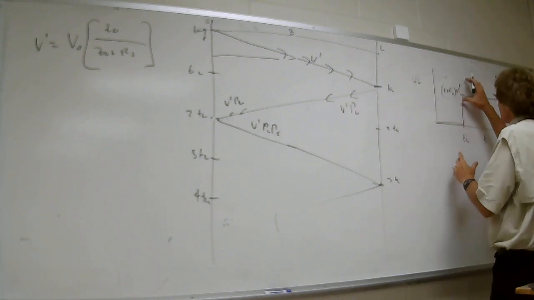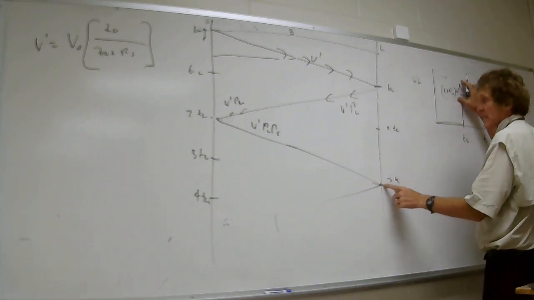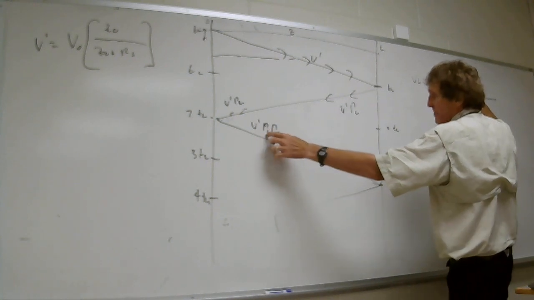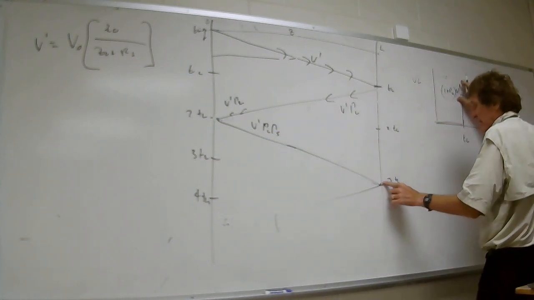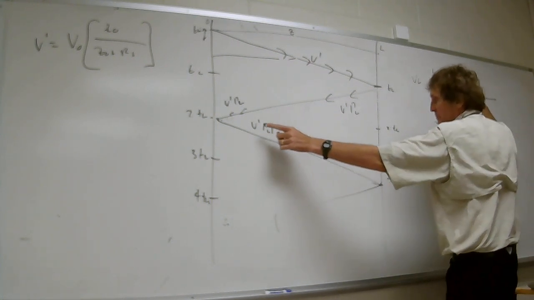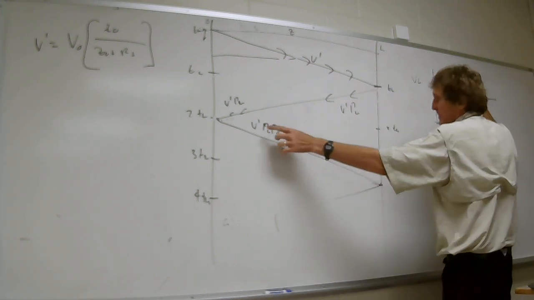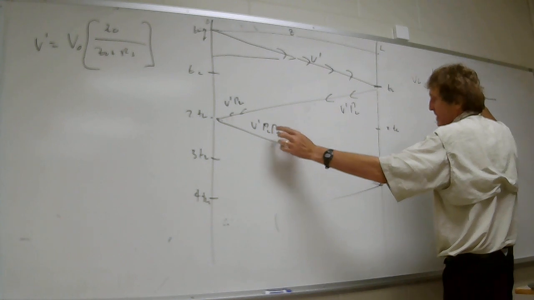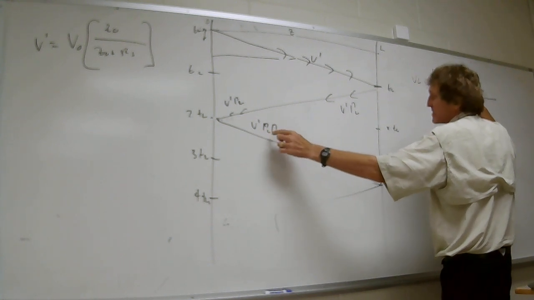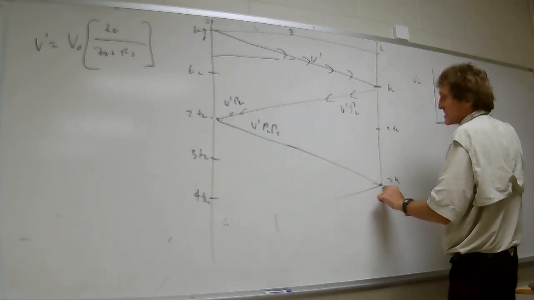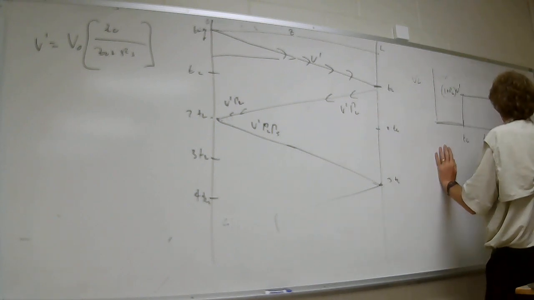Now, when it hits here, that's going to be at 3TL. Now, this is still there. Now you add this value. What's that going to be? It's going to be V prime gamma L gamma S times gamma L, or V prime gamma L squared gamma S. Here, I'll just write it down.